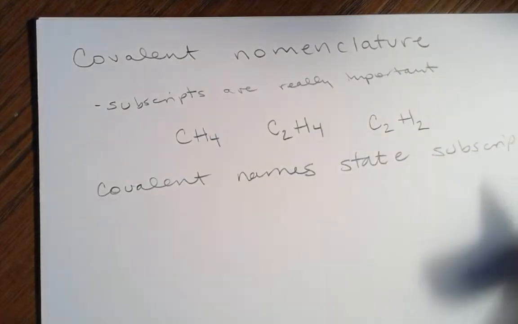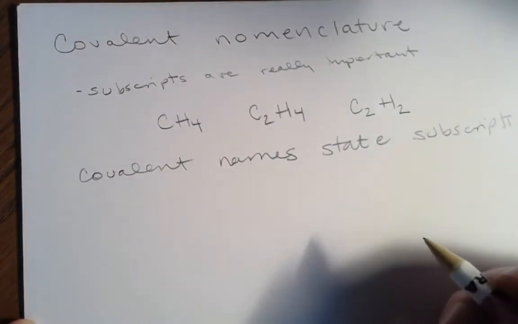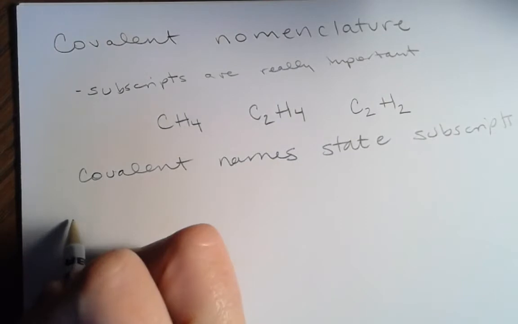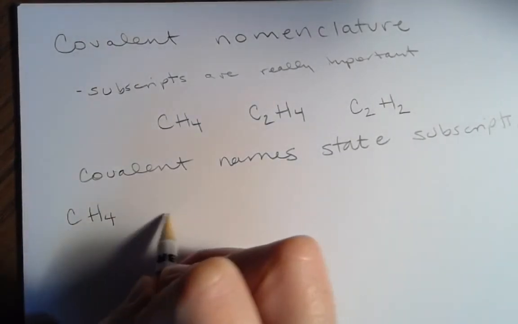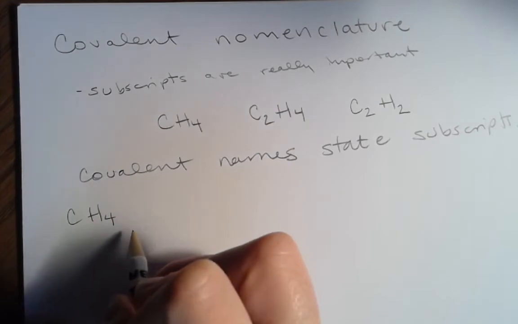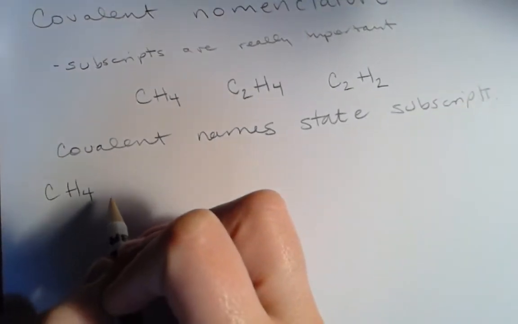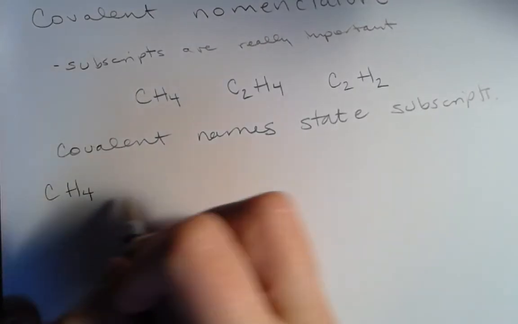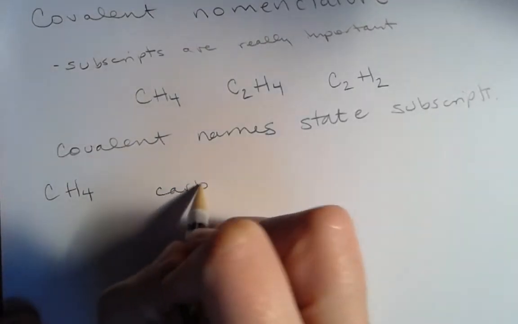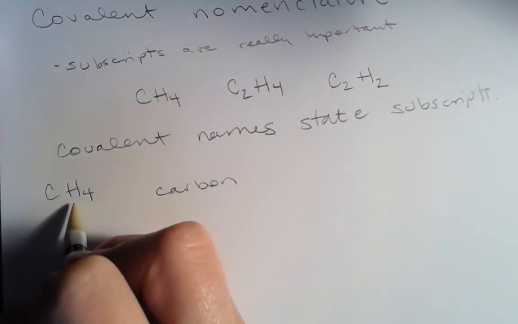Okay, so let's do these because they're here. I'll give you some examples, and then I'll give you all the rules, and then you'll be able to just crunch them all. So we write them out. We've got carbon and hydrogen.